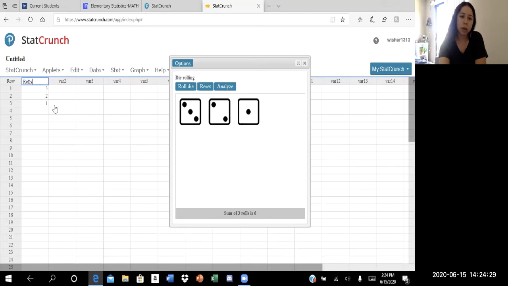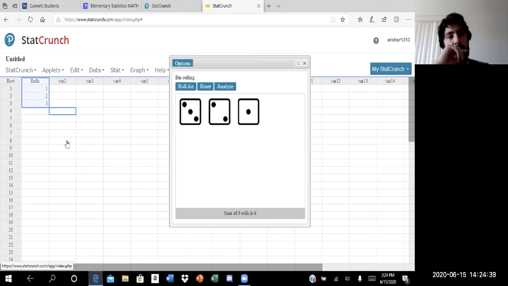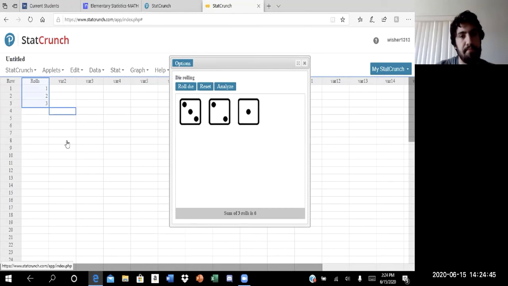So unclick it, and then there you go. It says sort table in ascending or descending. Okay. And that gives you, not necessarily the order in which you rolled them, but in ascending order.